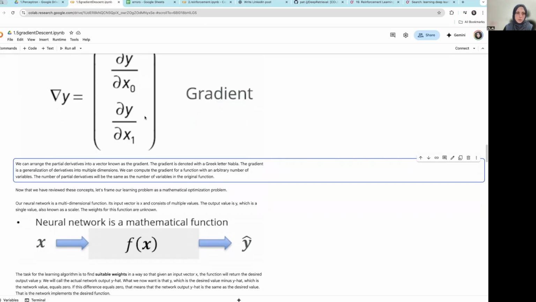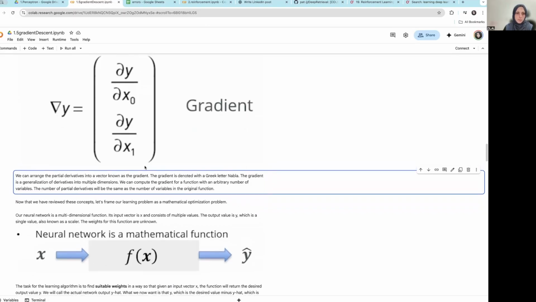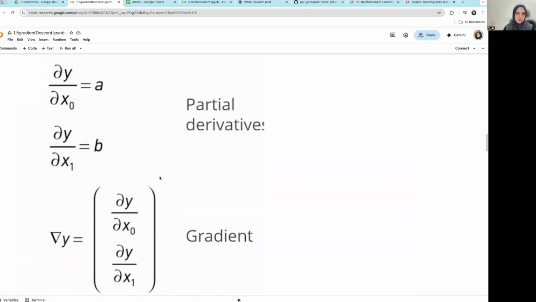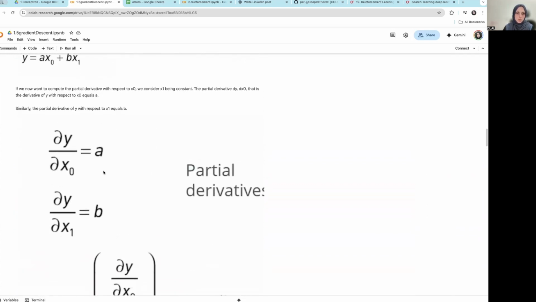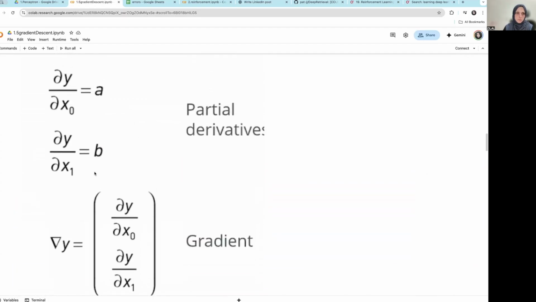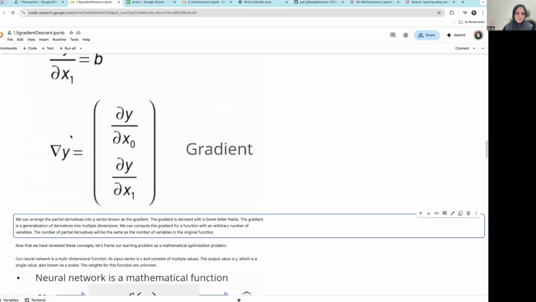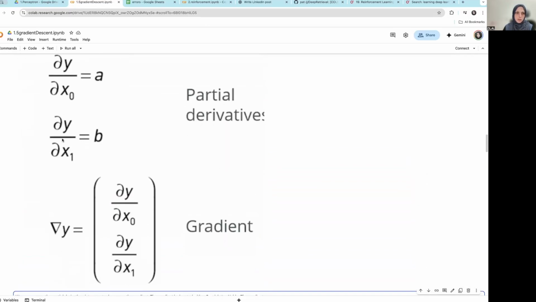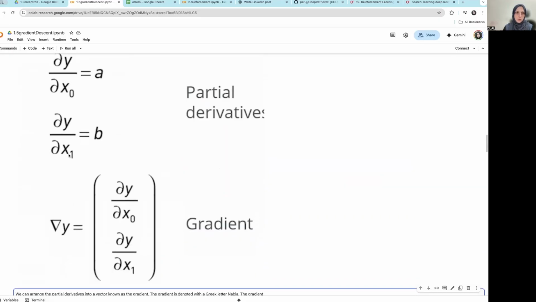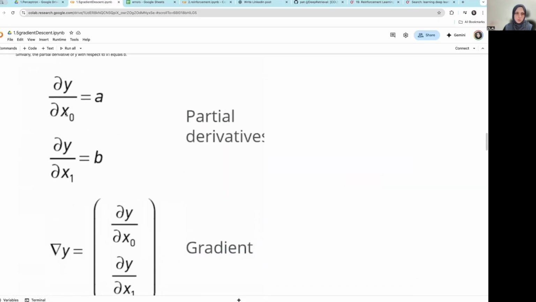The number of partial derivatives will be the same as the number of variables in the original function. As you can see here, in our function, we have x0 and x1. So we have two partial derivatives, because we start with dy/dx0 and x1 will be constant. Then we calculate dy/dx1 and x0 will be constant.